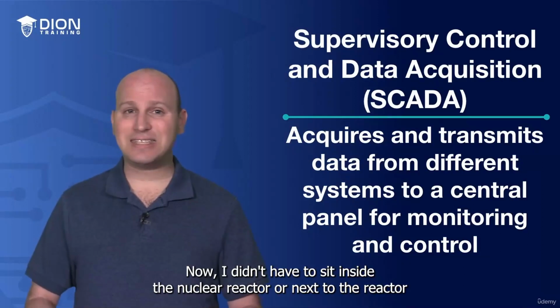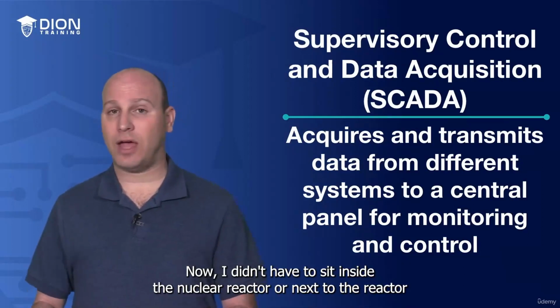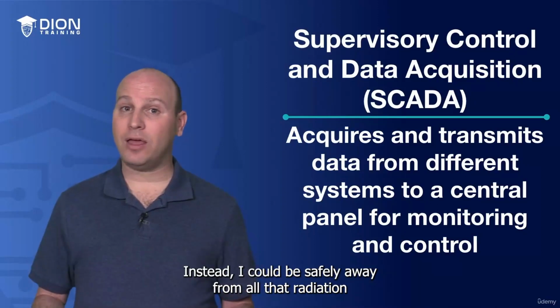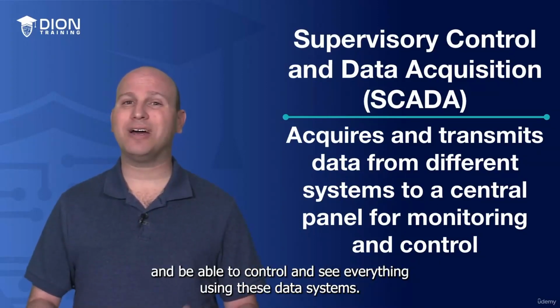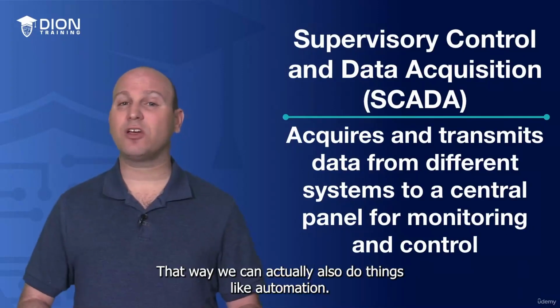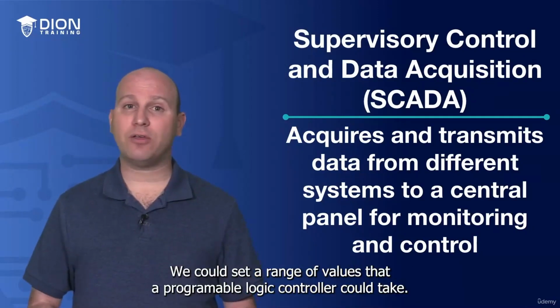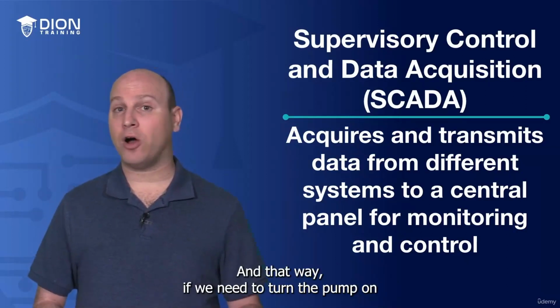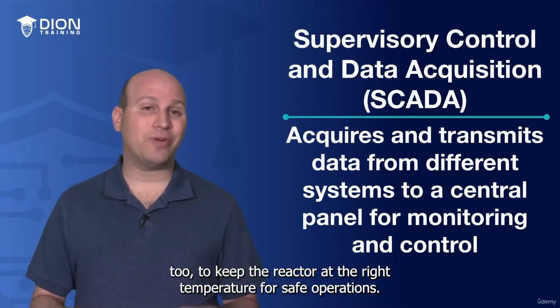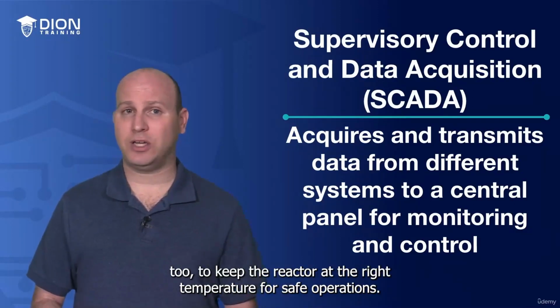Now, I didn't have to sit inside the nuclear reactor or next to the reactor to turn on the coolant pump. Instead, I could be safely away from all that radiation and be able to control and see everything using these SCADA systems. That way, we can actually also do things like automation. We could set a range of values that a programmable logic controller could take, and that way, if we need to turn the pump on at a certain temperature or off at a certain temperature, we could do that too to keep the reactor at the right temperature for safe operations.